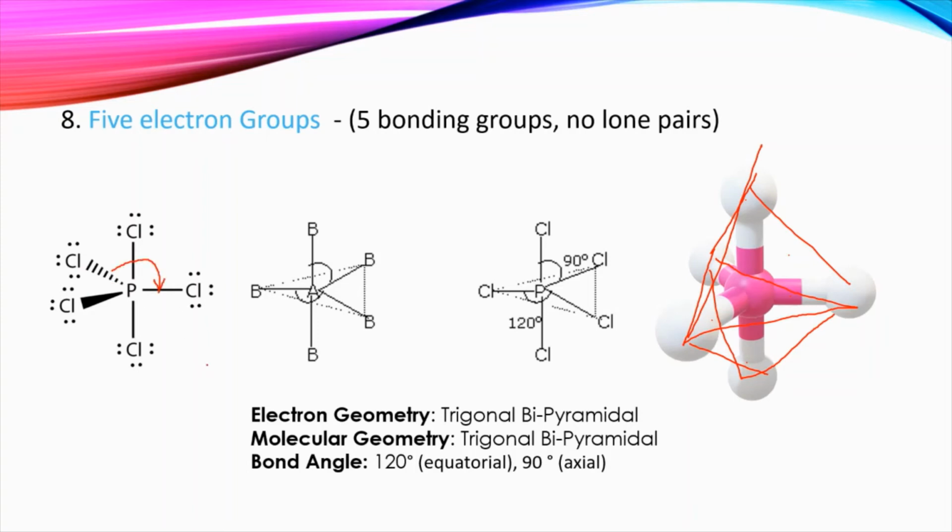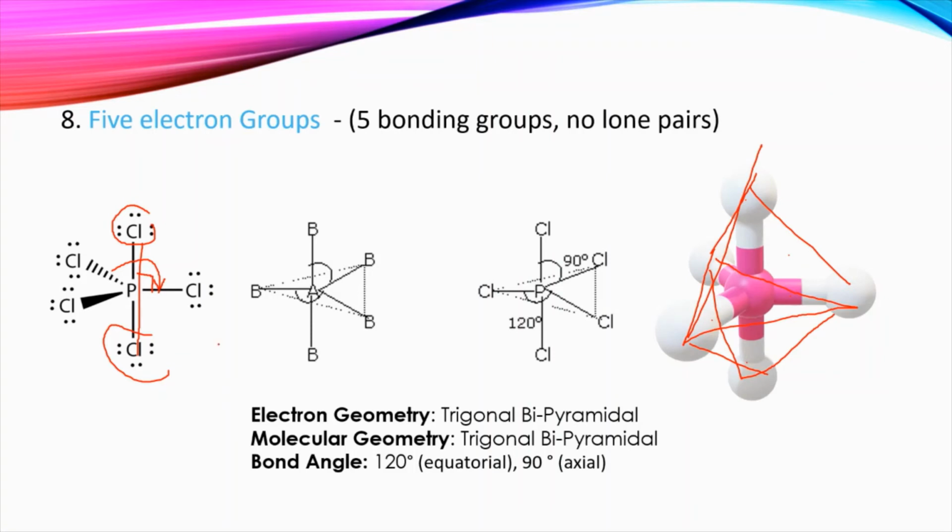Because you're dividing 360 by 3. Then the axial bond angles, because this is part of the axis. If you draw a straight line through it, that's an axis. The axial bond angle is 90 degrees.